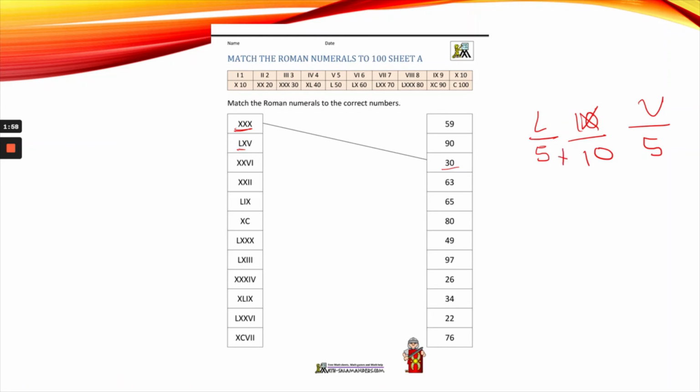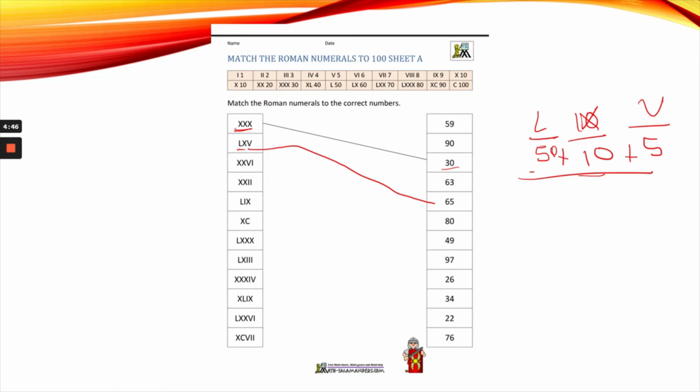So first we'll do 5 plus 10, 15, and 15 plus, okay, this L is 50. Sorry for the mistake. So 50 plus 10 is 60, and 60 plus 5 is 65. So let's find where 65. Okay, this is 65, and this one is this.